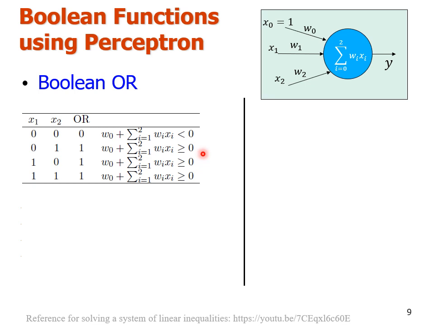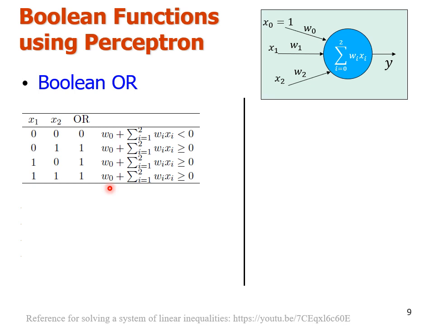From this summation we have separated the term w0 x0, and as x0 is always 1, this term becomes w0. I hope you have understood. Thus, for the expected outputs, these expressions need to be satisfied.